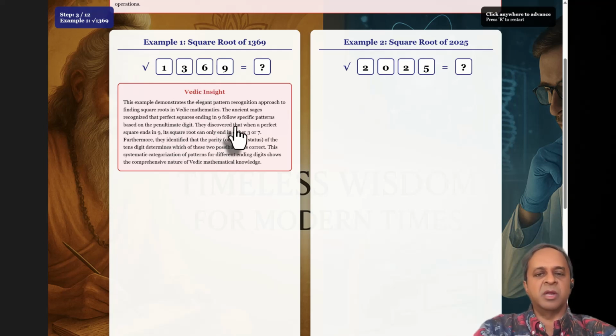They discovered that when a perfect square ends in 9, its square root can only end in either 3 or 7. Remember that. If the number ends in 9, its square root can only end in 3 or 7.